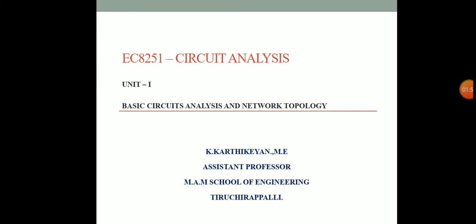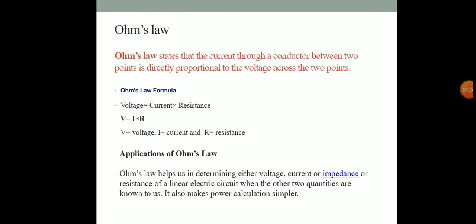First, we discuss Ohm's law. This law gives the relationship between the potential difference (voltage), current and resistance of a DC circuit. Dr. Ohm discovered this law in 1827, so it is called Ohm's law.